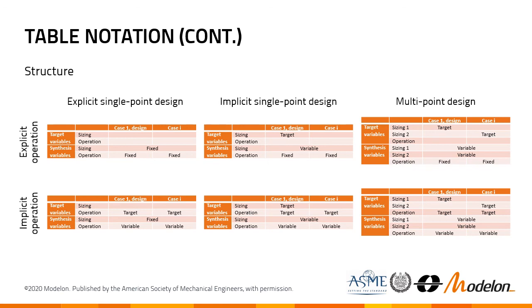If you look at the left and the middle columns, in the left one, for instance, the sizing synthesis variables are fixed, and in the implicit one, the synthesis variables are modulated to meet targets defined only in the design point. In a true multi-point design, sizing synthesis variables are again free, and targets are imposed in at least one off-design case.